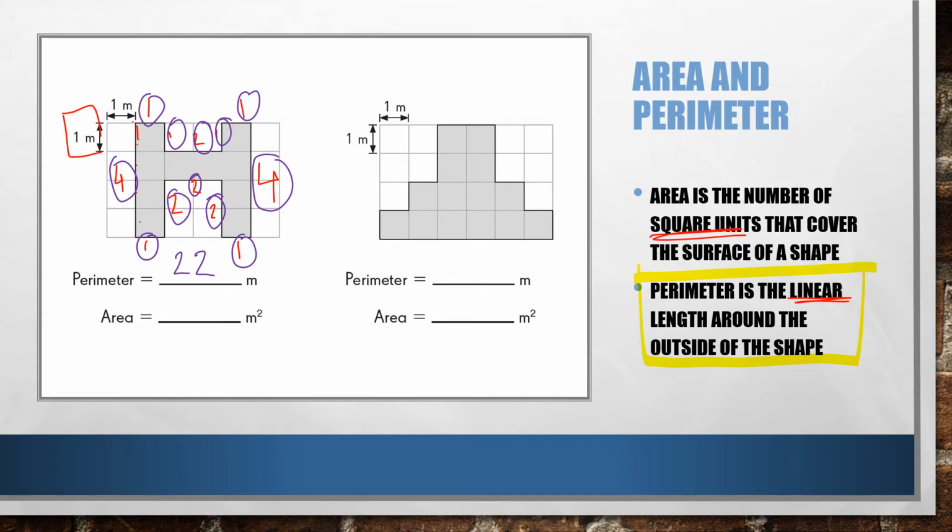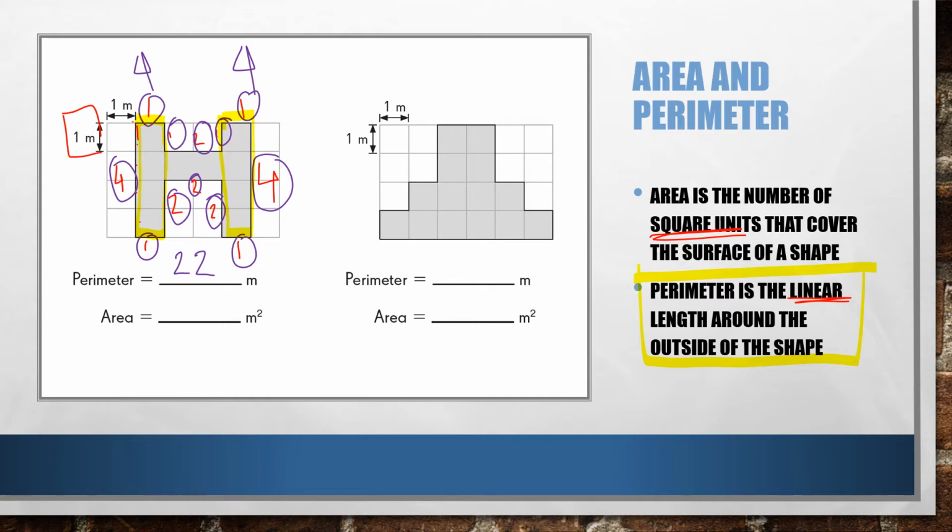And now we're going to be looking at the number of squares. You could see that this here is a 4 by 1. So I'm going to have 4 squares in that section. You see that duplicated over here on the other side of this H shape, another 4 by 1, so there are 4 squares over there.